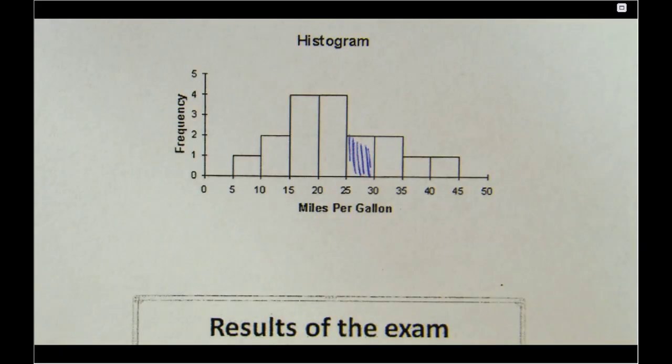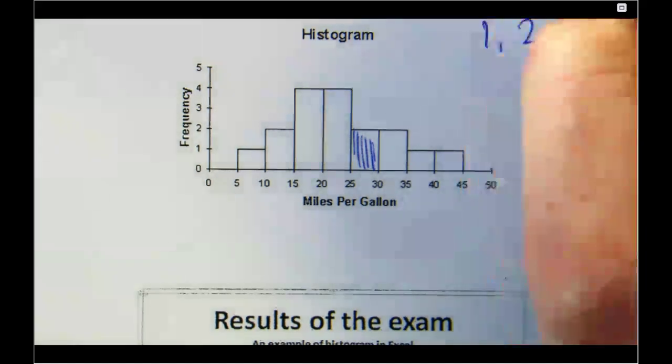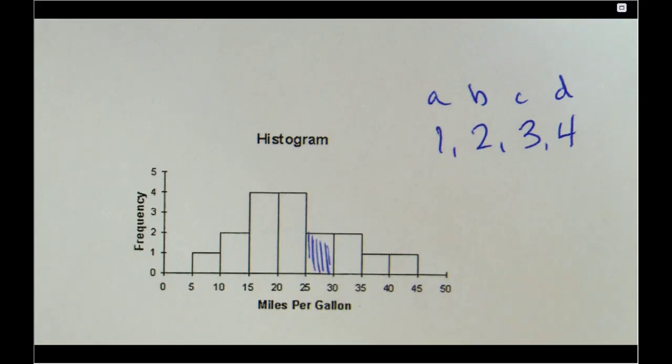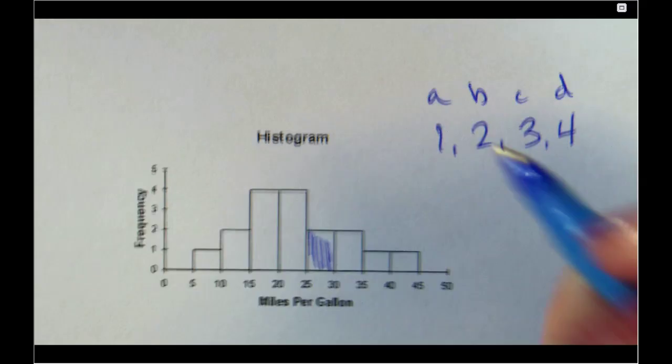How many cars got between 5 and 15 miles per gallon? I heard 1, 2, 3, and 4. So let's go multiple choice. One of those is correct. Maybe you didn't hear me.